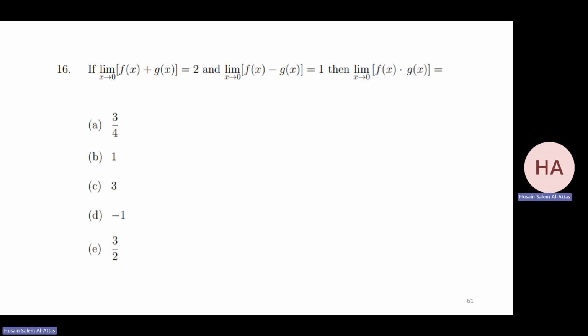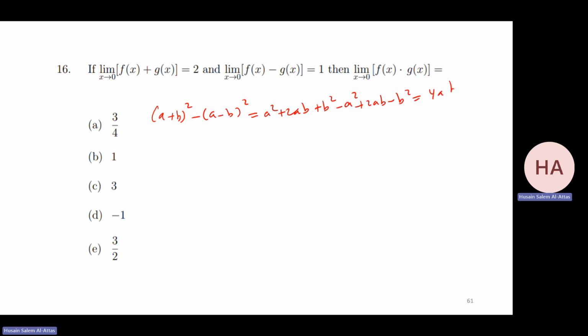This depends on this formula. If you do a plus b squared minus a minus b squared, you get what? A squared plus 2ab plus b squared minus a squared plus 2ab minus b squared.